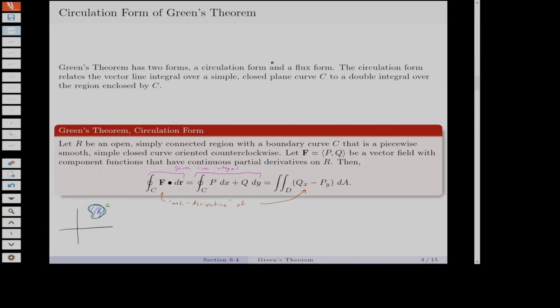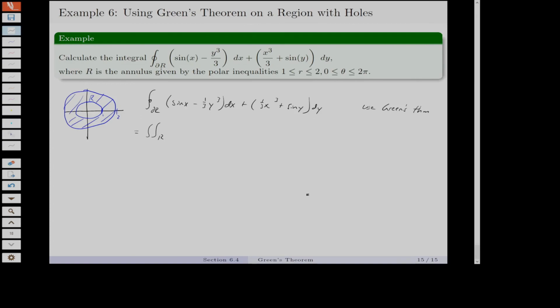That fits this circulation form much better, so I'm going to turn it into the double integral in the circulation form, because that's the beginning part that I have. I can identify the F a little more easily that way, as opposed to seeing what F dot n is. So we're going to write this as q_x minus p_y.